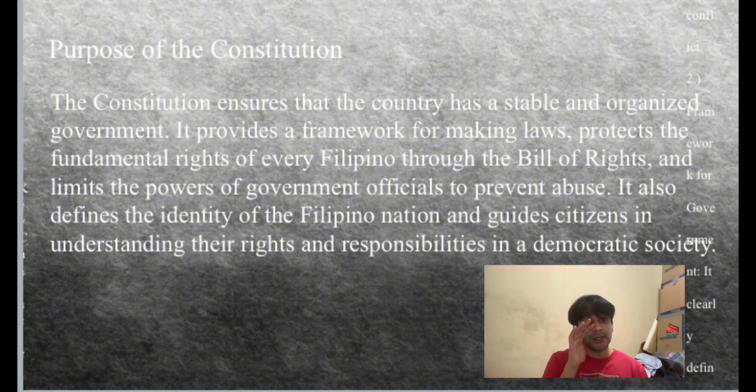It ensures that the government cannot just arrest anyone, so they have to follow the Constitution. The Constitution protects you, so they can't just arrest you anytime they want to.